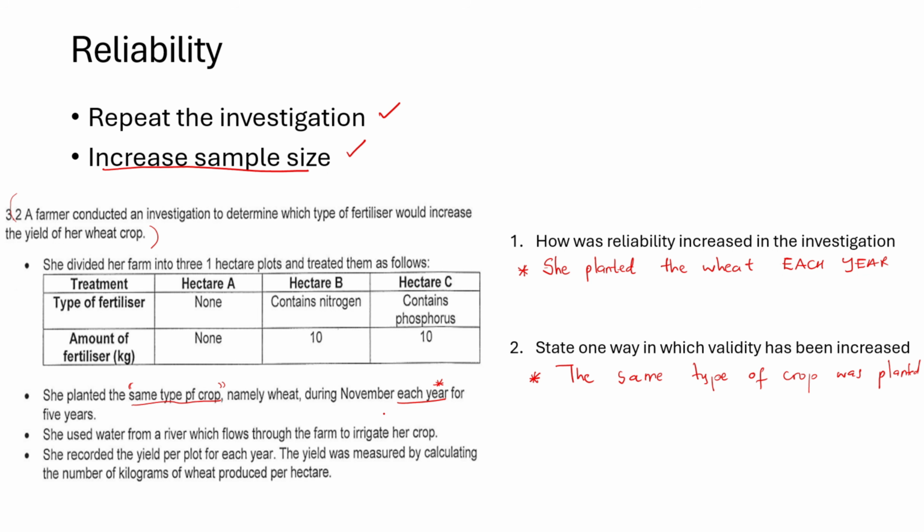There is one way of ensuring validity. Validity, you just use the word same. Whenever you see the word same or similar, it is all about validity, whereas for reliability it's increasing sample size or repeating the investigation. You read this scenario carefully and you analyze if the investigation has been repeated or not.